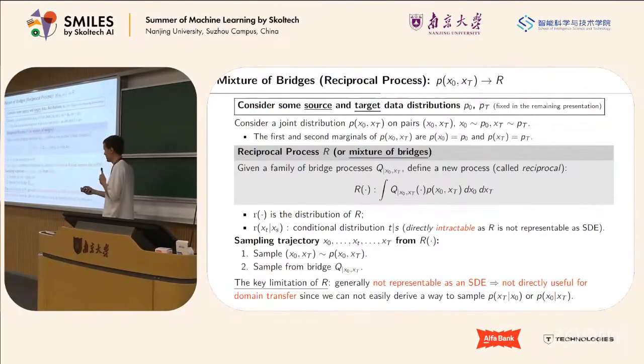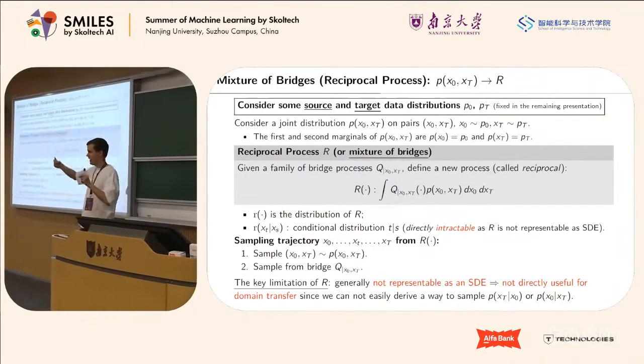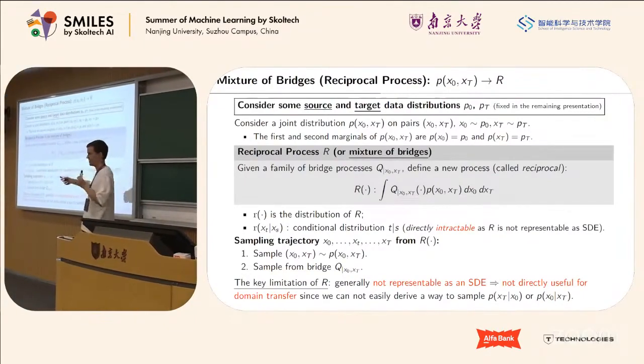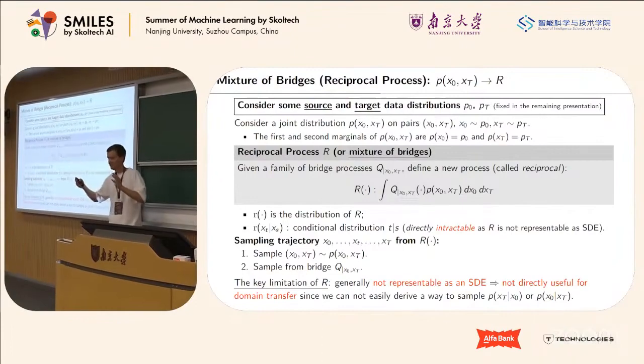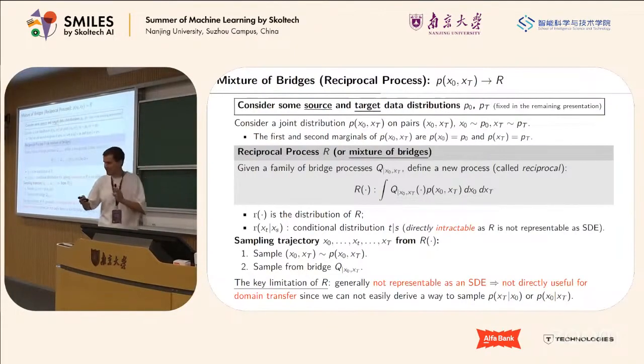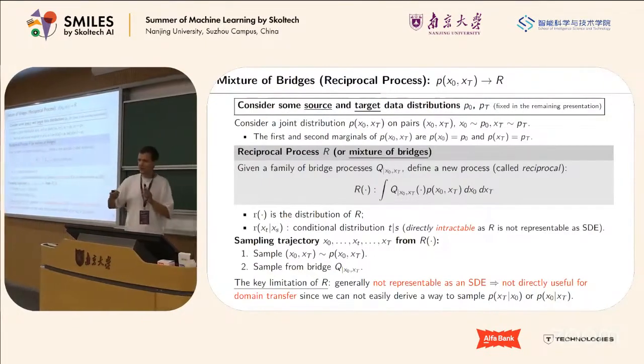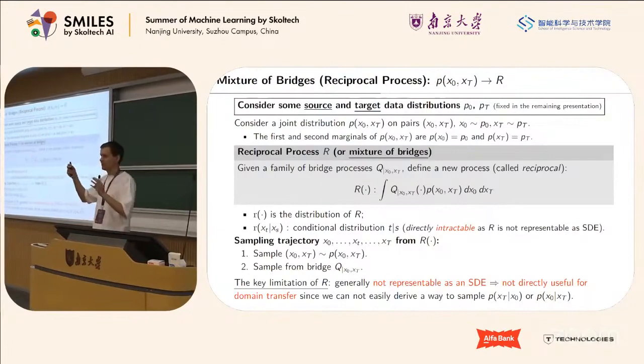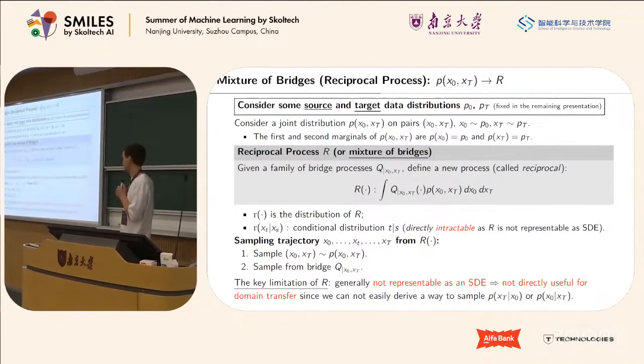Mixture in which sense? We have a lot of diffusion bridge processes conditioned on different points, and we take their mixture with respect to some coupling of two probability distributions. This directly means that to sample a trajectory from this process, we first sample a pair of input and end points, choosing the component in our mixture, and then connect them with a diffusion bridge.